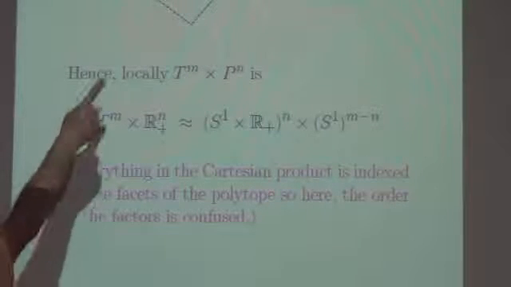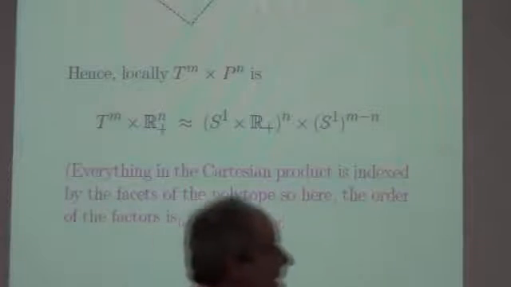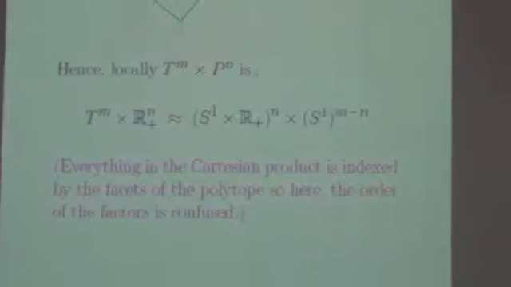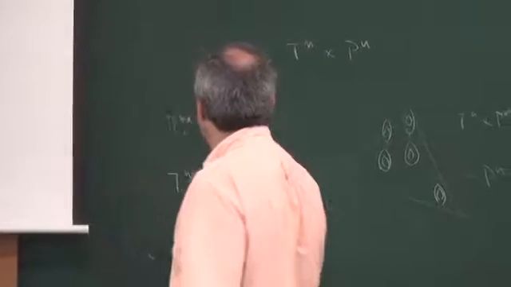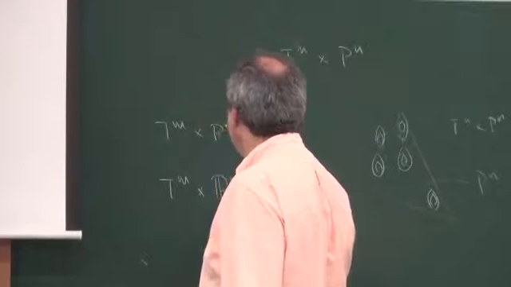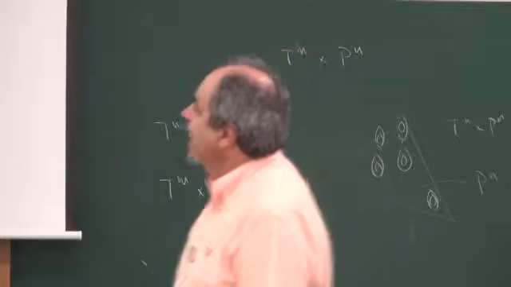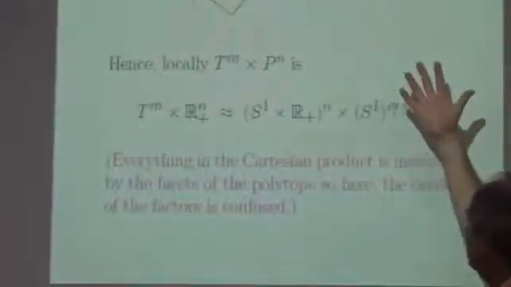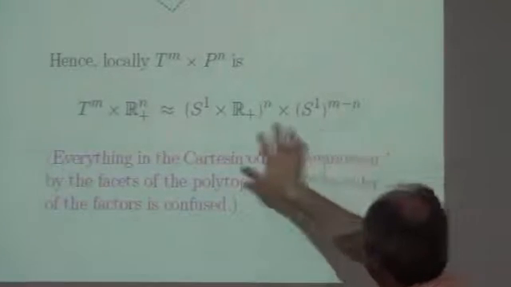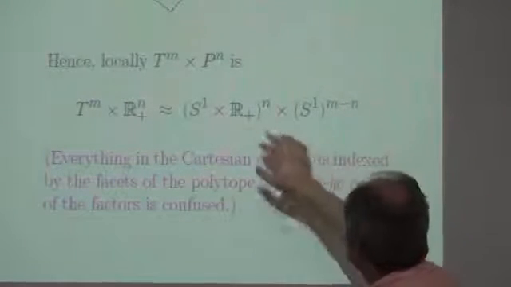So instead of looking at the M torus cross the whole polytope, I'm just going to look at the M torus cross the neighborhood of a vertex, which looks like that. And then everything here is indexed by the facets of the polytope. So this ordering is not correct.